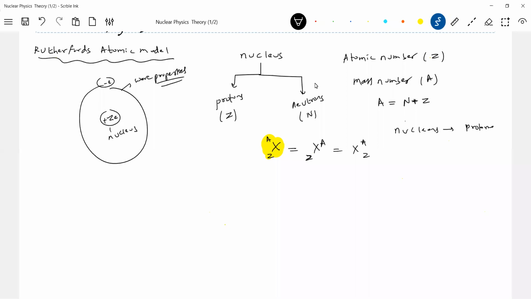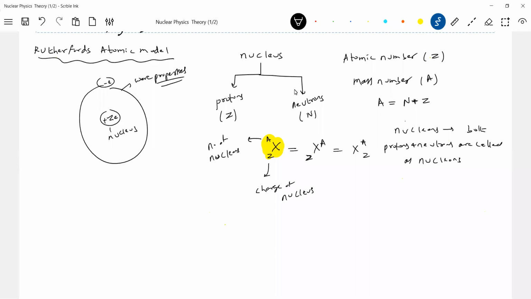Protons or neutrons, both protons and neutrons are called nucleons. So this gives the mass number, or the total number of nucleons present, and this Z gives the charge of the nucleus.